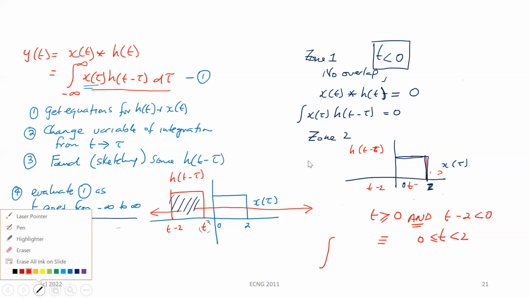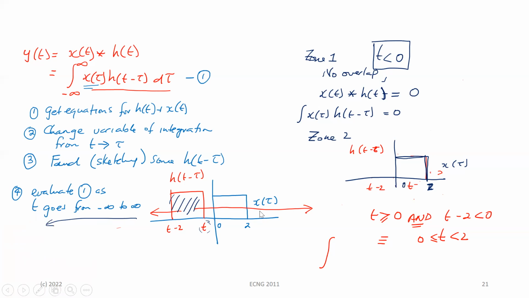Right, and let me just draw h here. Give me my pointer. Right, so this is the overlap zone here, right?